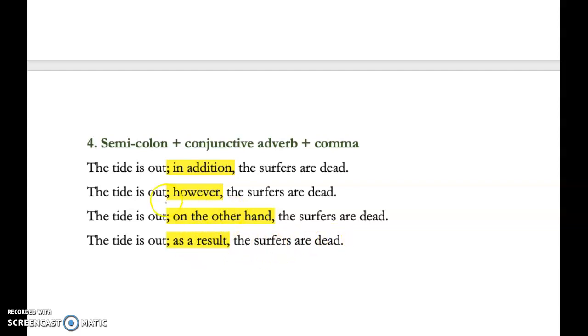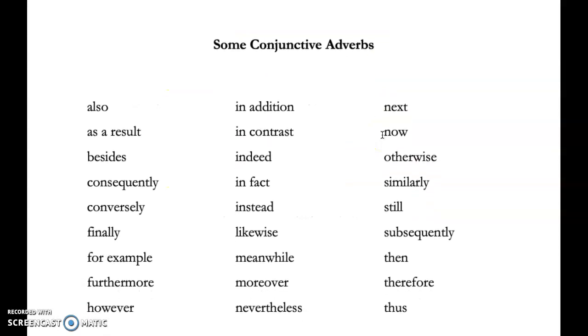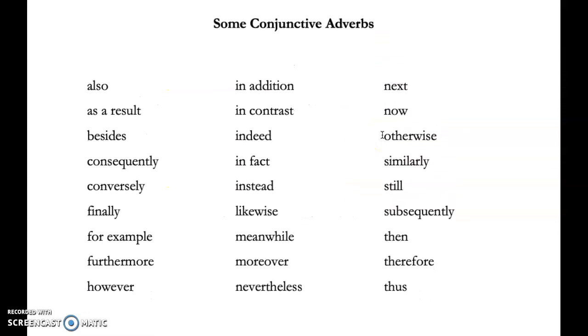So you can see that in between sentences, you could use a smaller kind of word, or you could use something heavier, wordier, longer, but if you do, you need a semicolon on one side, and the comma on the other. I will give you this list, but I do want to show you that there are actually quite a few conjunctive adverbs that you can use, and each one will show a different kind of relationship between the two sentences.